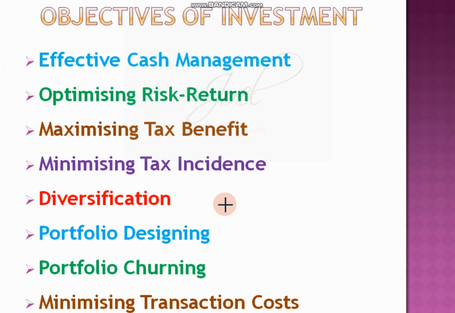You may know, and already you have studied, there are sections like section 80C, where you can invest up to 1,50,000. Like that there are many, 80D, 80DD, so many, we have studied already. From all these sections you come to know where you can invest and what deductions you will get. You have to study all this and do the investment based on that. So that is maximizing tax benefits.